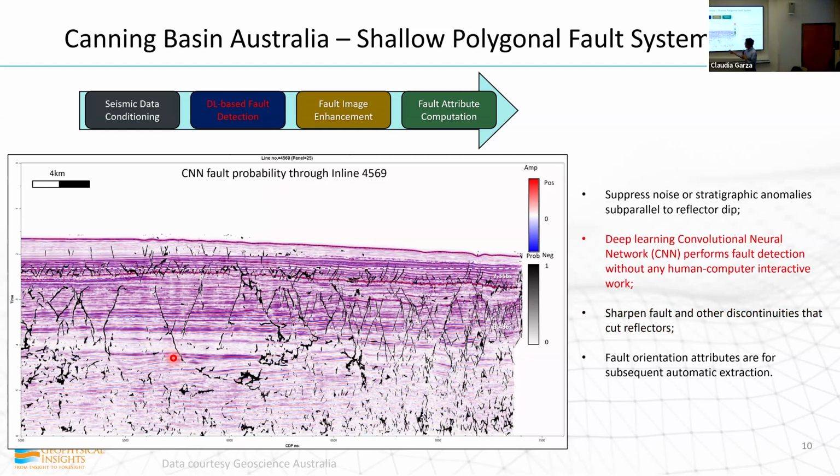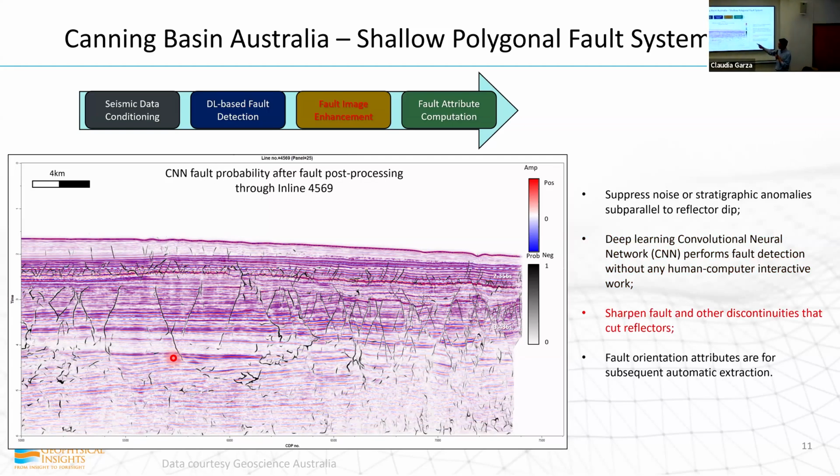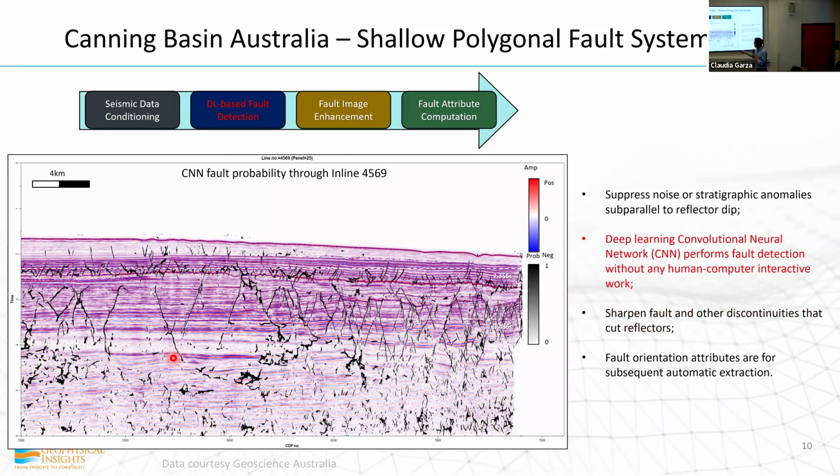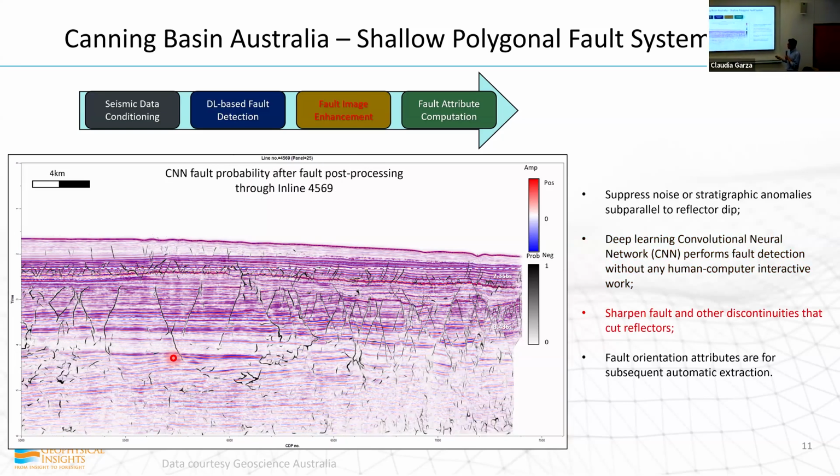Note that with fault image enhancement, we make our faults here more continuous and much sharper. And some false positives, or what we call the noise over here, caused by the AI have been smoothed and rejected, especially here. So with the fault image enhancement, we got a better fault result.